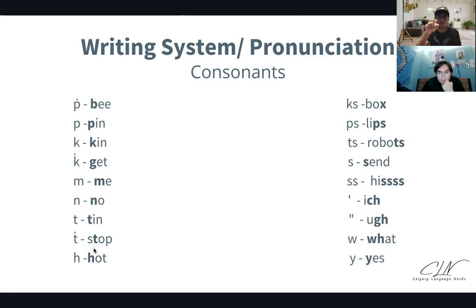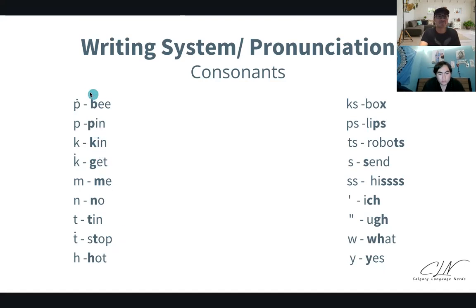The difference is that this T here is aspirated. What that means is when you say this T, there's a nice puff of air that comes out of your mouth. For this T with the dot on top, there's no puff of air. So it's like da da da, and not ta ta ta.